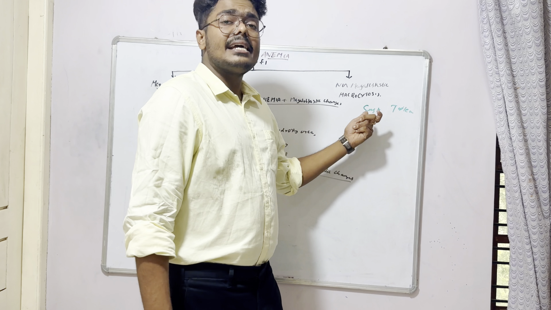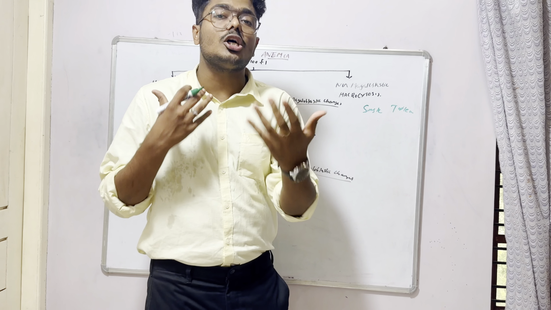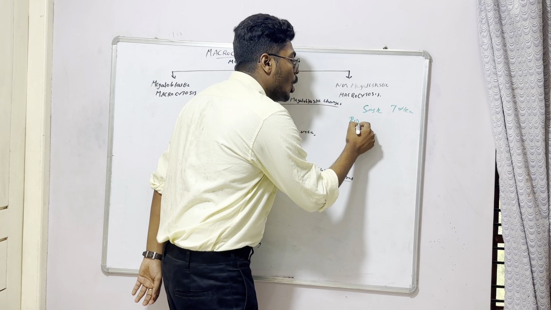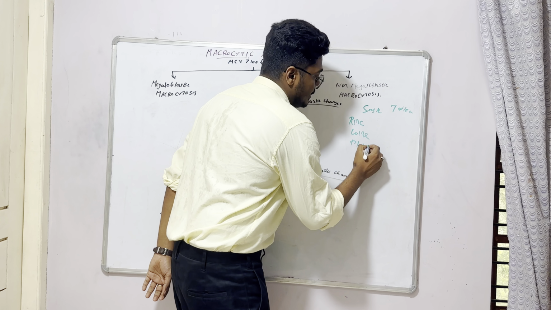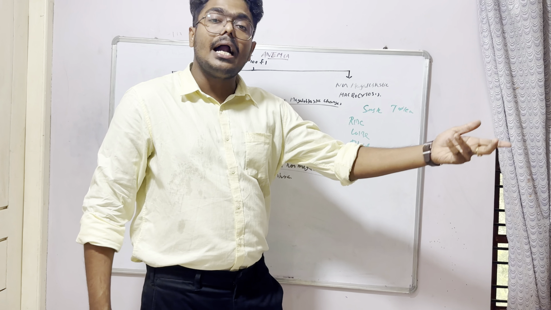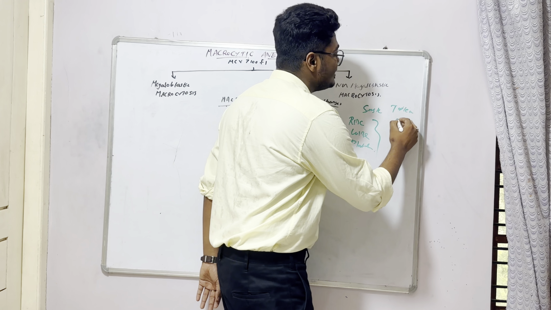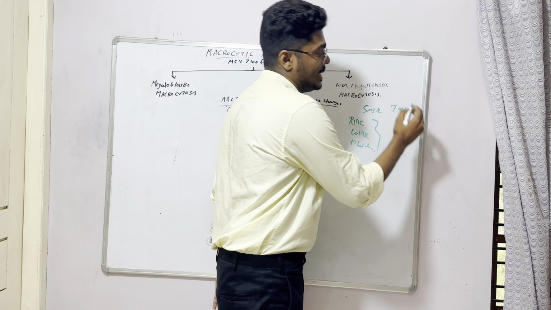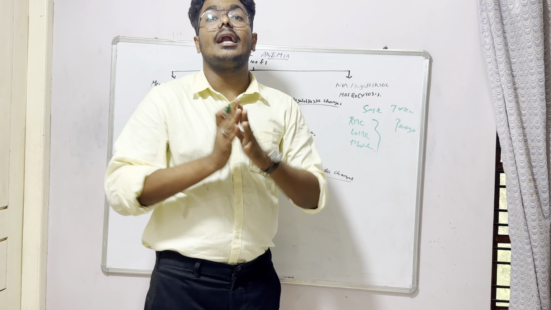If it is a single lineage issue, there will be distortion in the RBC count, WBC count, or platelet count. If it is a tri-lineage issue, all three values will be distorted, and that will be a presentation of pancytopenia. But for the time being, we are just focusing on RBC.